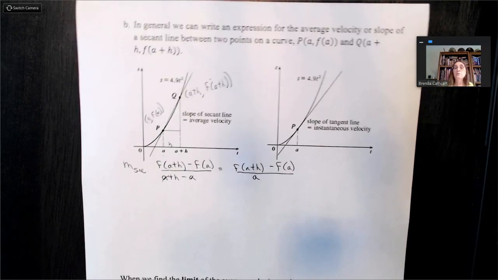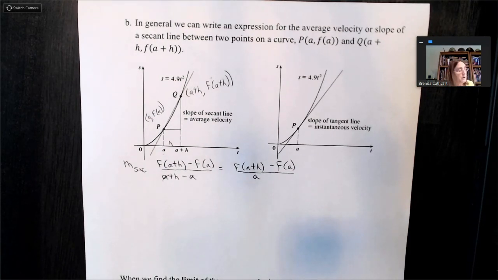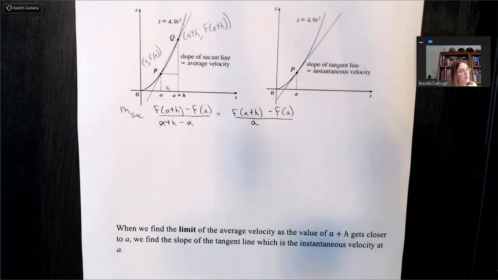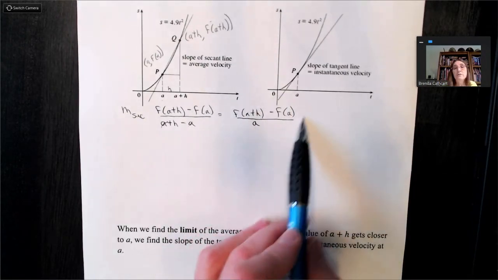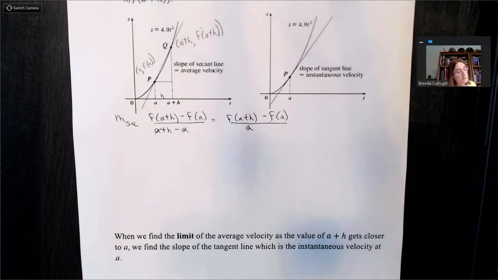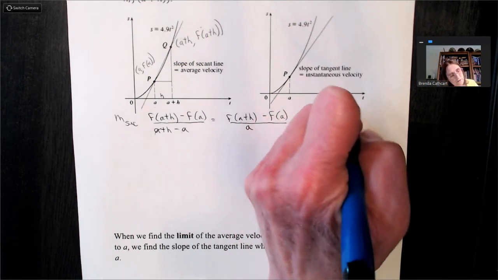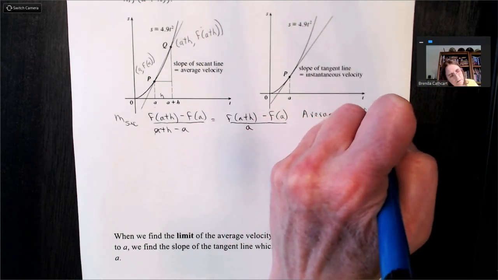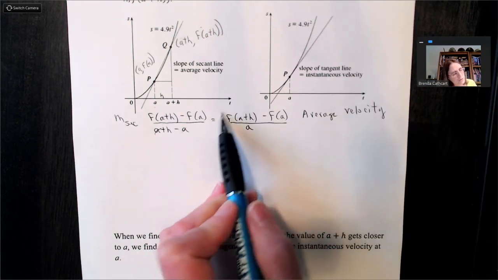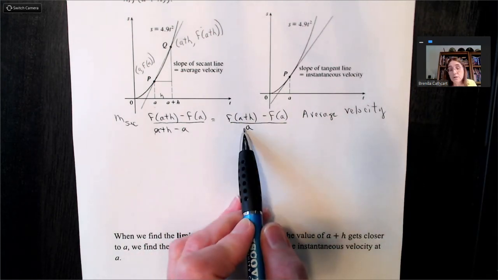This is a general expression for the slope of a secant line. The limit of this slope of this secant line, remember the slope of this secant line is average velocity because it was a change in position divided by a change in time.